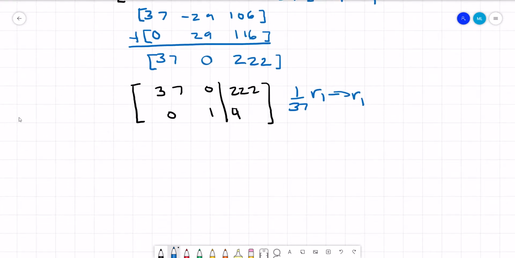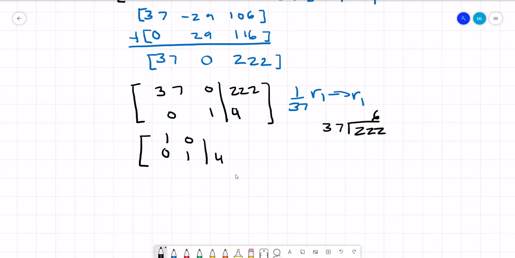Now, I'm just going to do the computation off to the side, where I know that that's going to still be 0, 1, 4, and this is still going to be 1, 0. But 37 into 222, that's actually equal to 6.